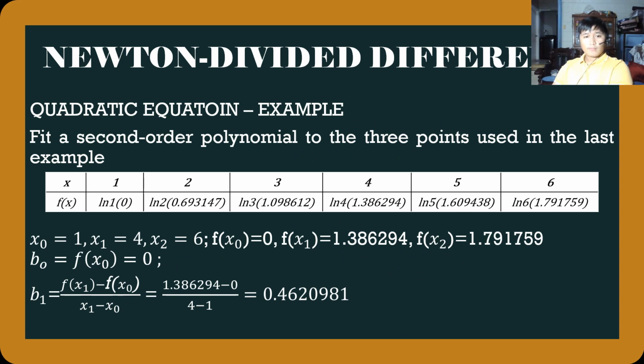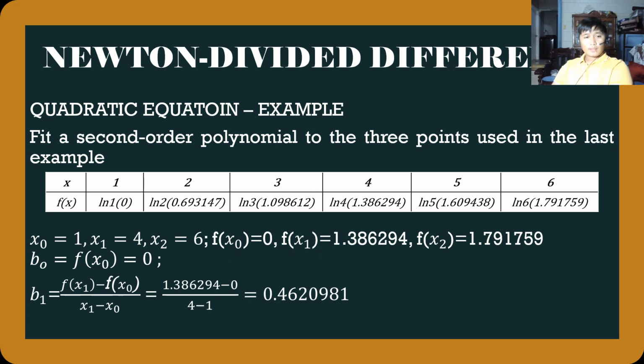Okay, for example, the same problem, fit a second order polynomial to the 3 points used in the last example. So 3 points, x sub 0 equals 1, x sub 1 is 4, x sub 2 is 6, and I provided the corresponding values of f of x sub 0, f of x sub 1, and f of x sub 2.